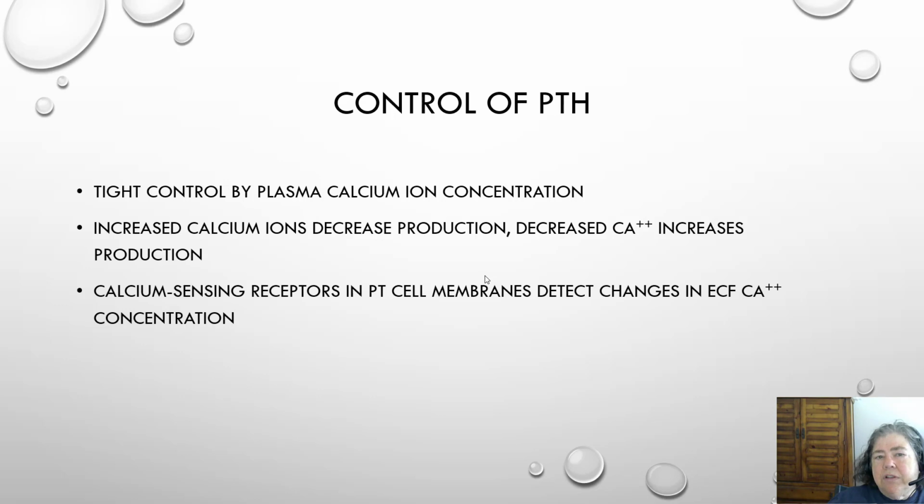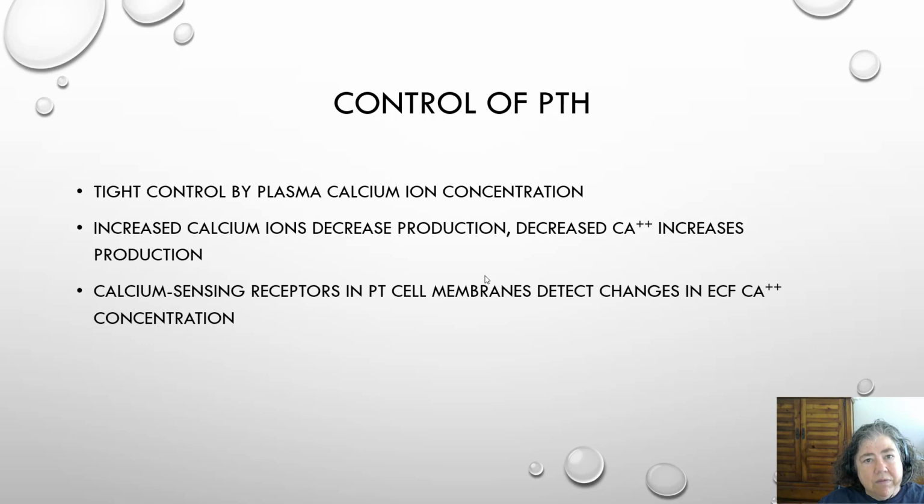What controls the release of parathyroid hormone? Well, not surprisingly, it's a negative feedback loop that is governed by the concentration of calcium ions in the plasma. So if calcium levels are high in the plasma, we make less PTH.